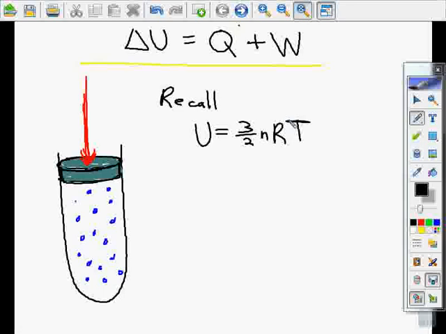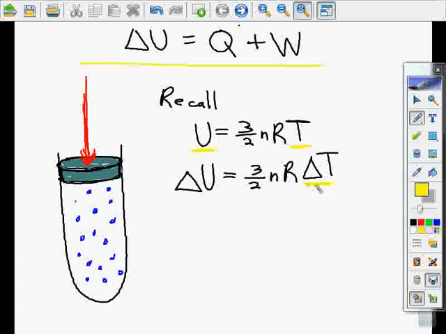Well, if there's an increase in the internal energy, the increase in the internal energy is going to be equal to 3/2 nR delta T. However much the T changes, that's how much the U is going to change.